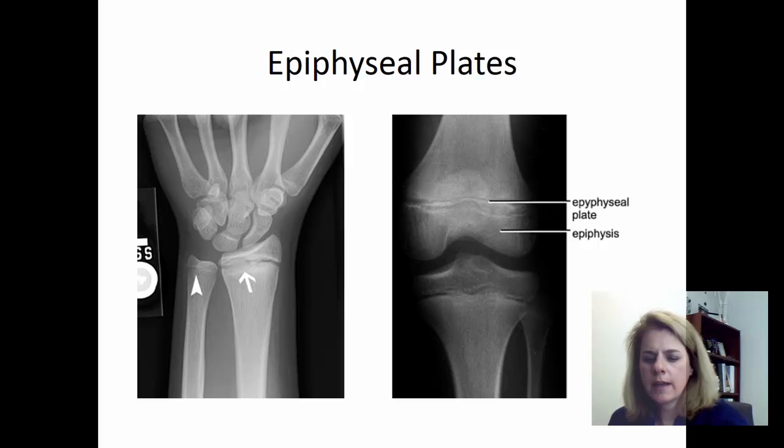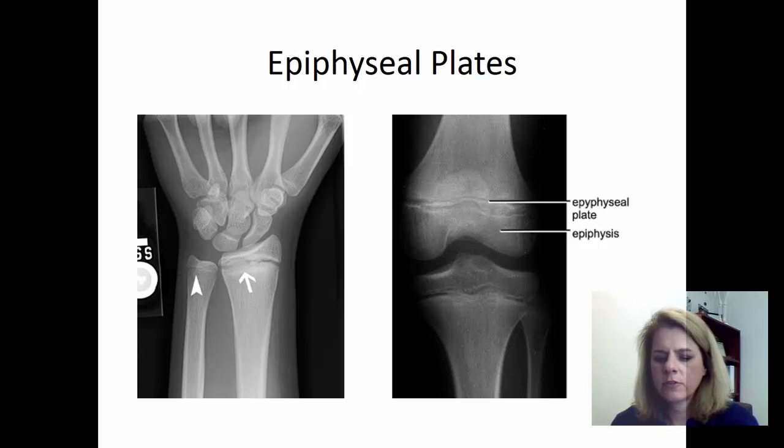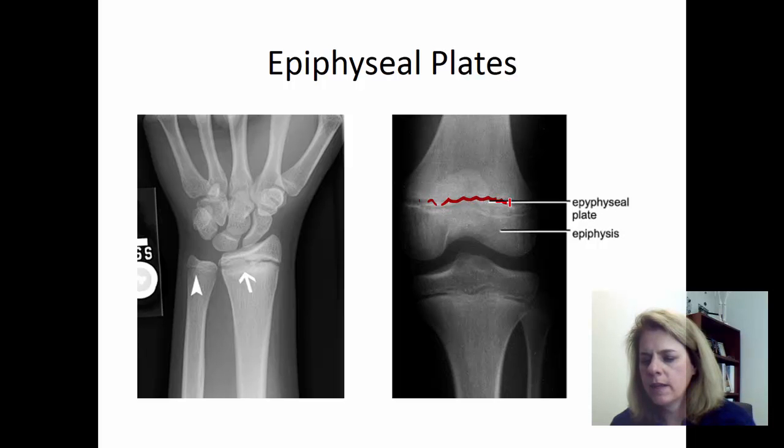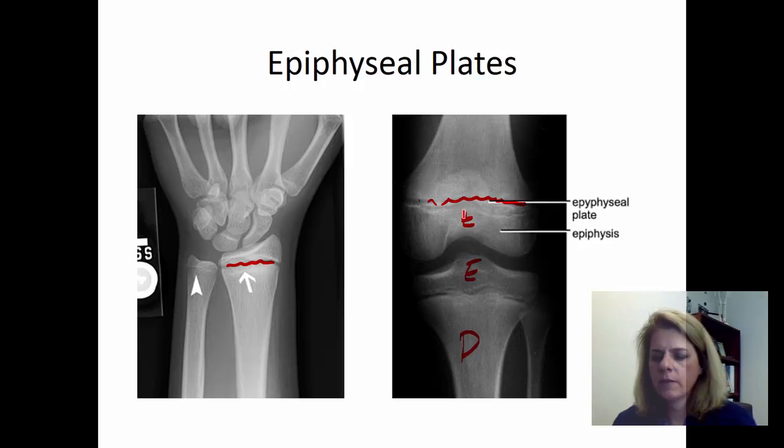What this would look like on an X-ray is you'd see the epiphyseal plate right here. So if you're looking at a long bone, here's your diaphysis, the shaft, and this is the epiphysis. Epiphysis and diaphysis.